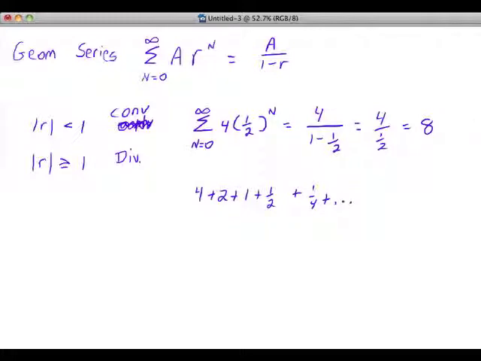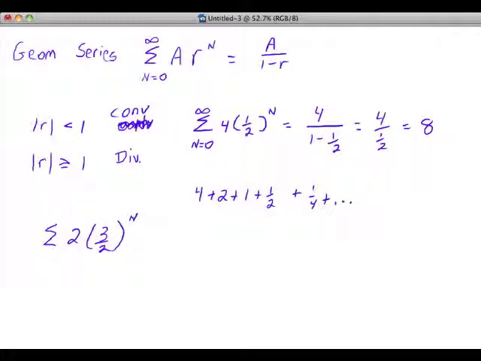Again, it's a convergent geometric series because the absolute value of the ratio, 1/2 in this case, is less than 1. If the ratio is greater than or equal to 1, the series will diverge. An example could be 2 times 3/2 to the n.